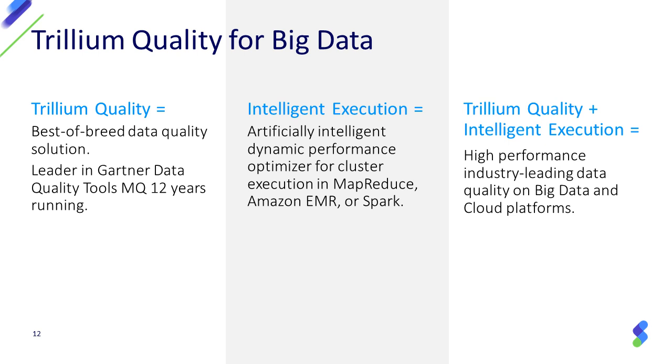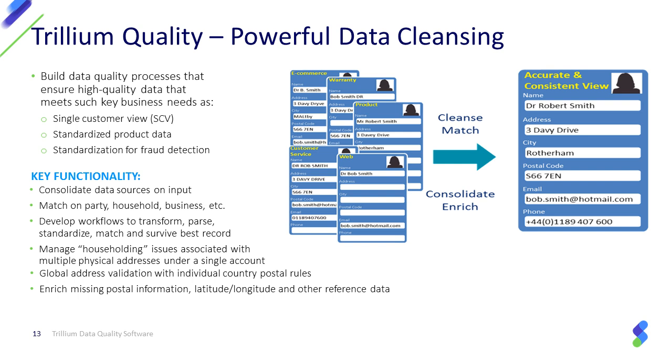And we combined that with Trillium Quality, which had all of this powerful data cleansing capability. It can match on more than just individual people. It can actually tell you these 3 people are all at this address and this is a household or a small business.